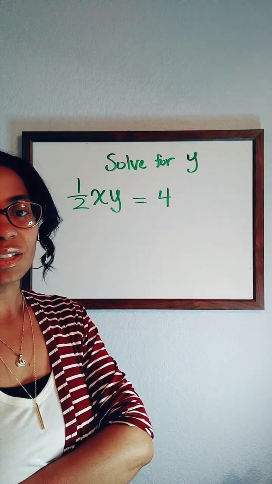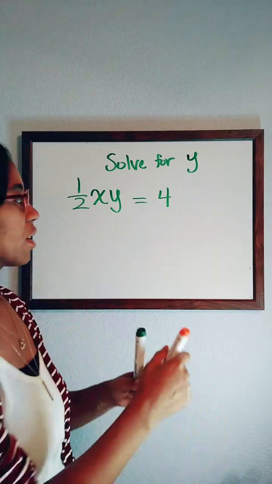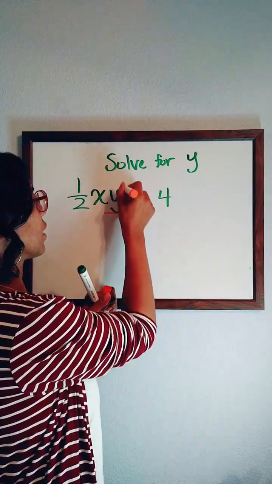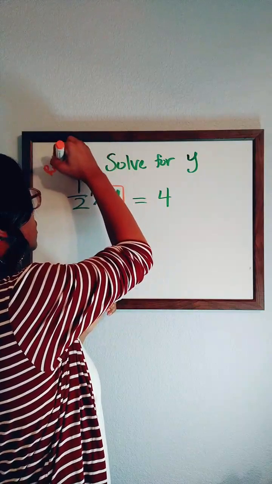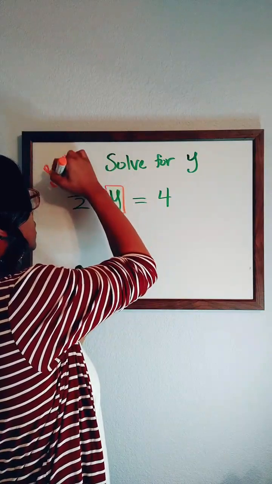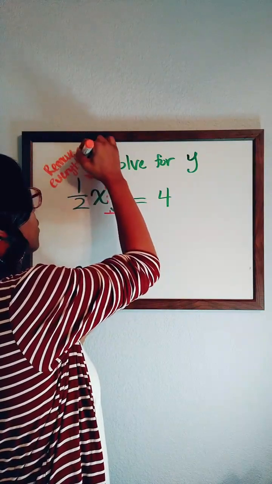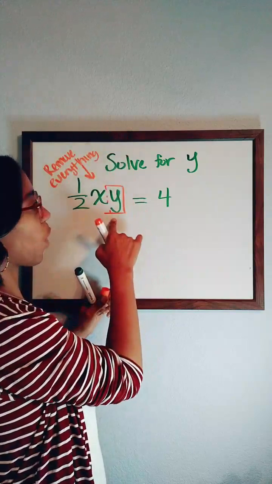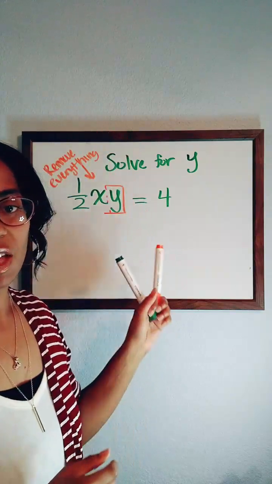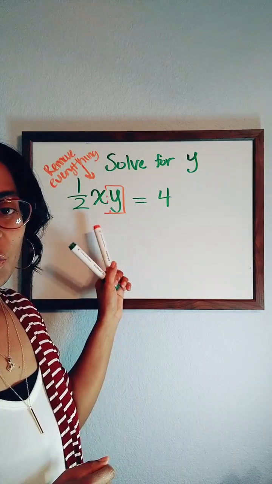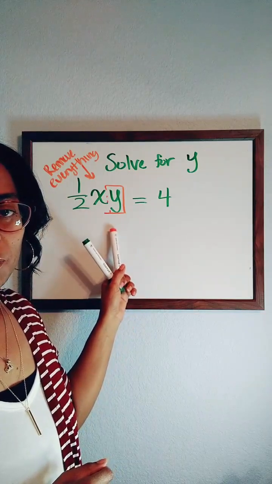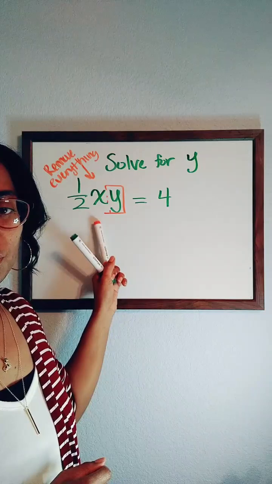Yes, you're going to divide by 1/2 x. Remember, we want y. So you're going to remove everything but y, because we want y to remain by itself. So we have to undo anything that's happening.